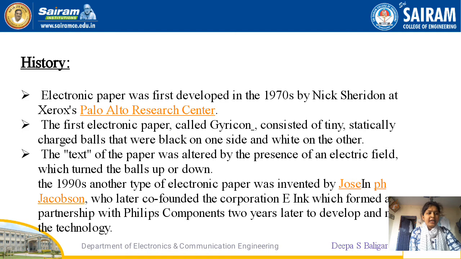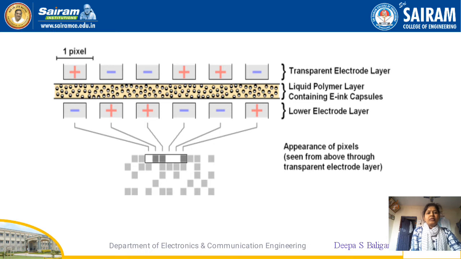The polarity of the voltage applied to the pair of electrodes determines whether the white or black side faces up, giving the pixel a white or black appearance, based on the positive and negative charge of the Gyricon.